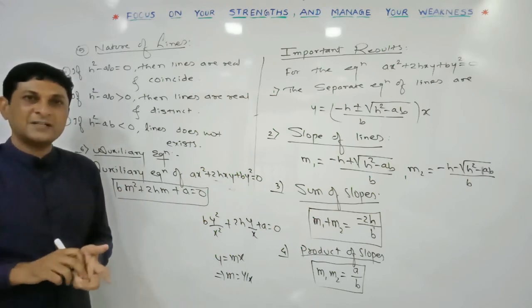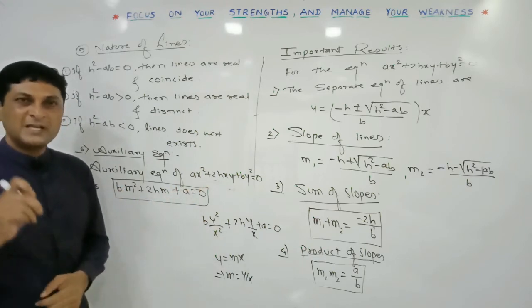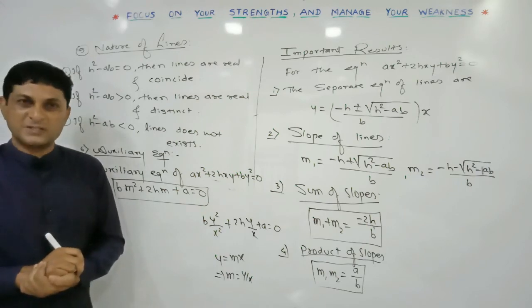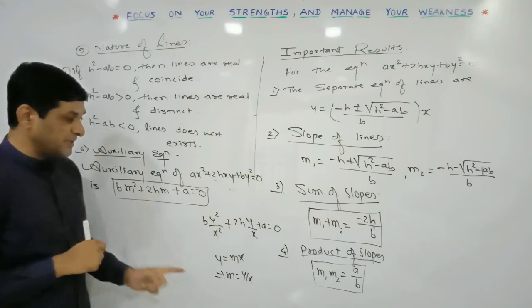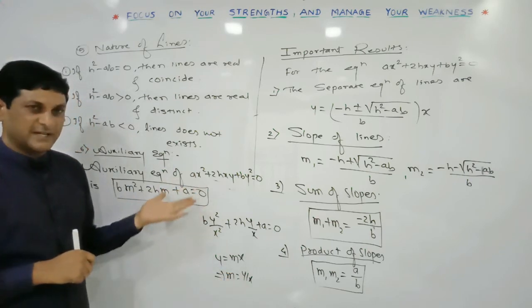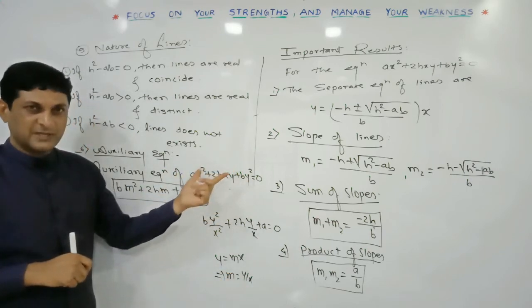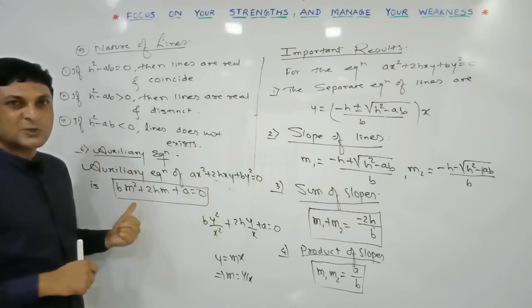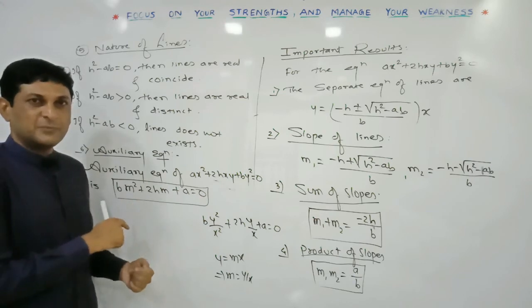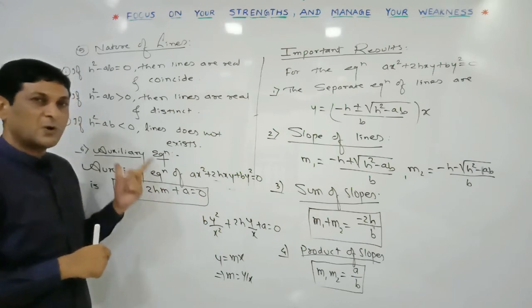Whenever we write the given equation in terms of slope, such an equation is called the auxiliary equation. Again, if we substitute m is equal to y by x and simplify it, we will get the same equation. So this homogeneous equation we have converted in terms of m, and such an equation is called the auxiliary equation.